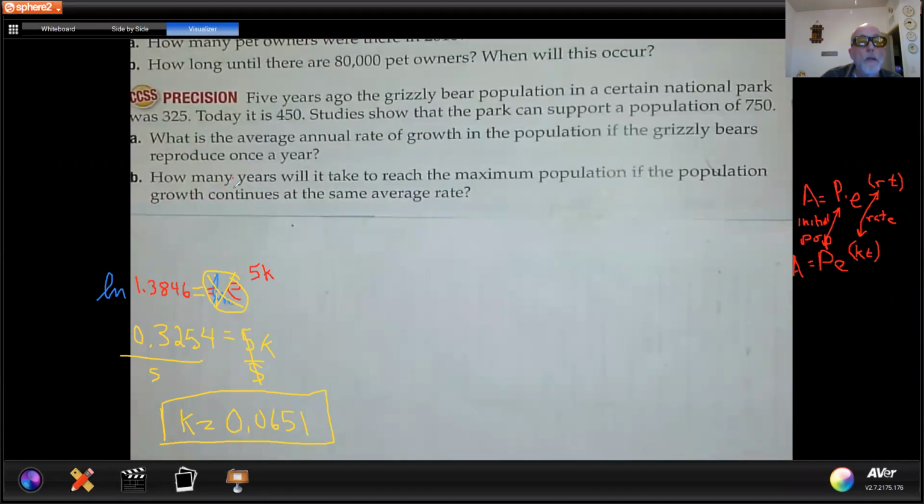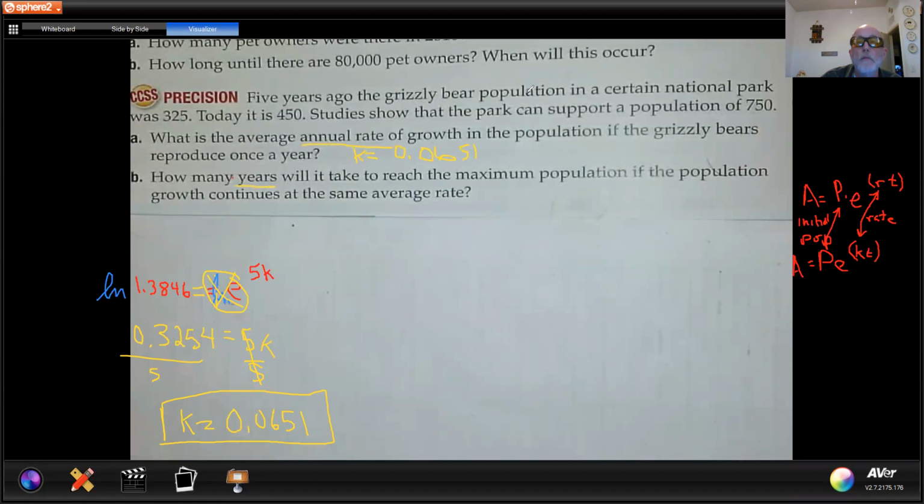Okay. How many years? Now we're looking for time. Here we were looking for k. What's the growth rate? That was find k. K equals, and we had it written down there, 0.0651. And then how many years will it take to reach the maximum population?